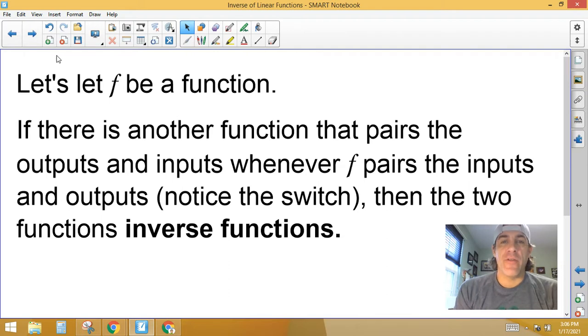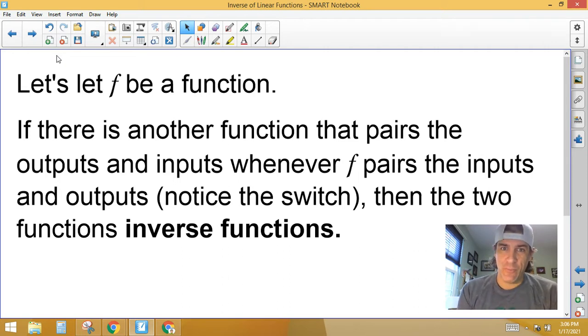If there's another function that matches up the outputs and inputs whenever f pairs inputs and outputs, where f of x's inputs become the outputs, like they switch places, then those two are inverse functions.